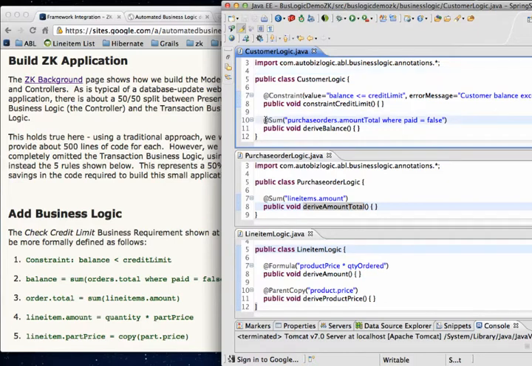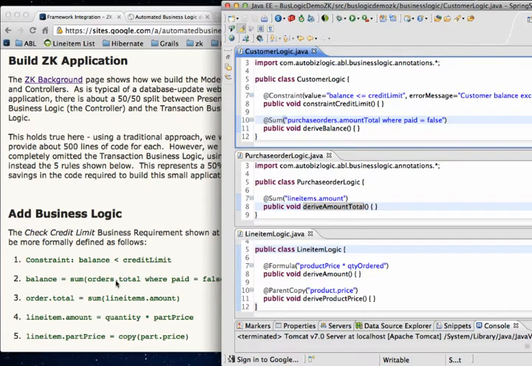Again, it's in an annotation, so that's what the business logic engine looks at in order to do the enforcement. This says, from the perspective of the customer, go get my related purchase orders, total the amount total, including only those purchase orders where paid is false. You can look on our homepage. This is not a SQL aggregate query. There are very sophisticated optimizations applied to that.